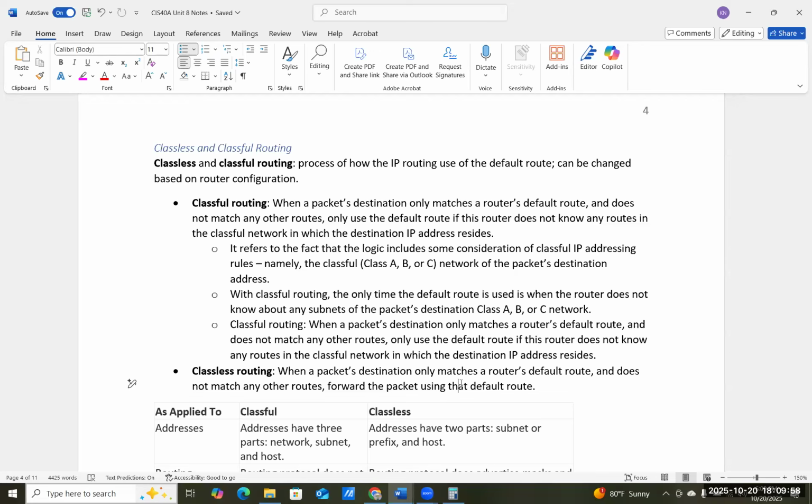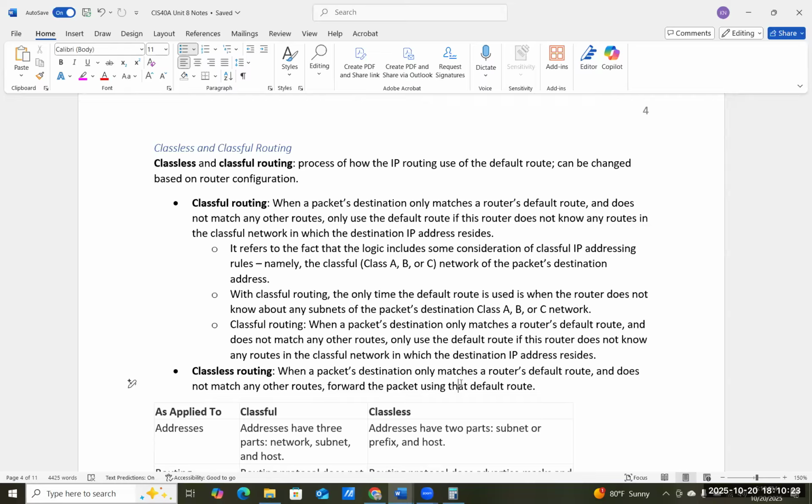And if it doesn't match any of the other routes, it would then forward that packet to the default route. So my analogy is like this, right? You always default to the freeway to go from home to work, okay? That's the way that you know. However, there are other ways to get from home to work, like inside streets, etc.